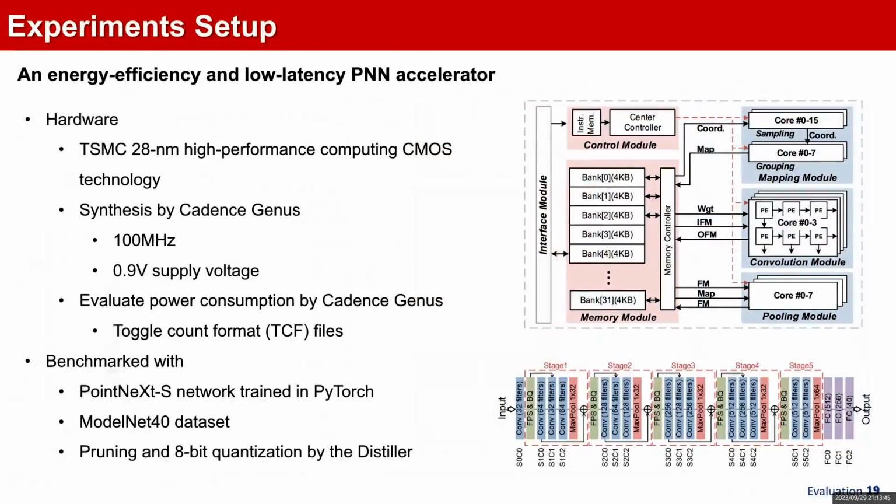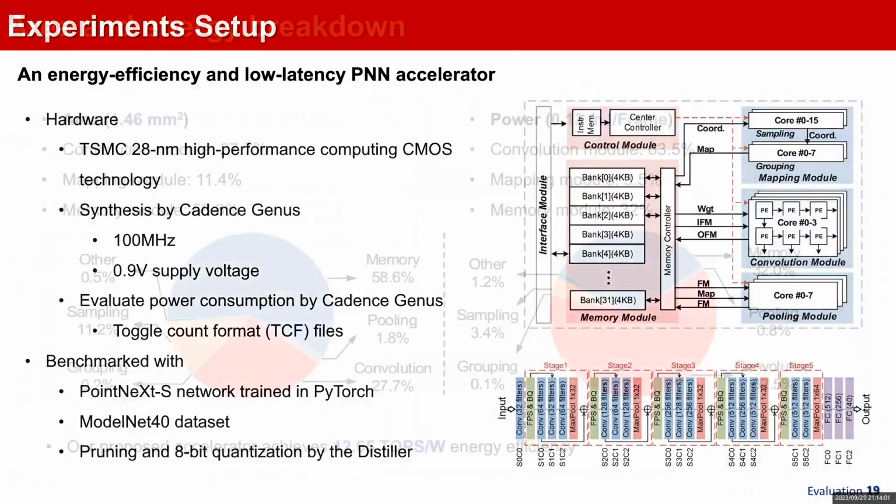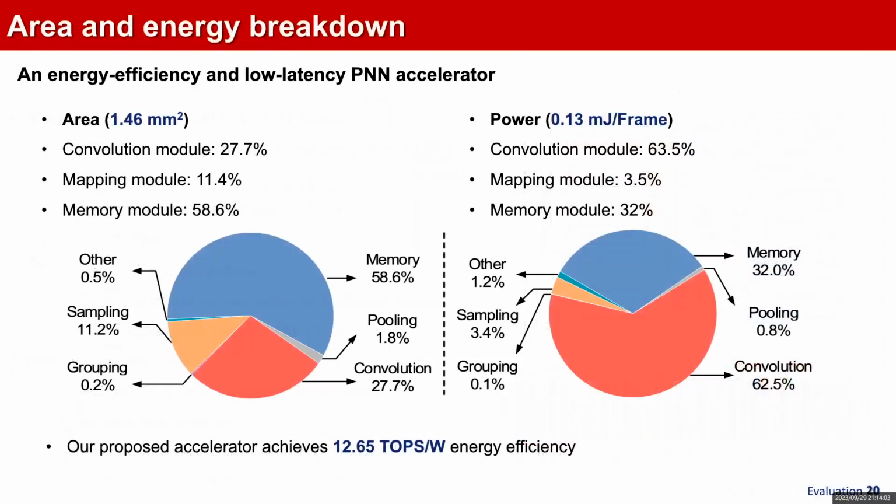For evaluation, the proposed accelerator is implemented in TSMC 28nm CMOS technology. Cadence Genus is used for synthesis and power evaluation. The benchmark is the 8-bit PointNeXt network classifying the ModelNet40 dataset. This is the area and energy breakdown of the proposed accelerator.